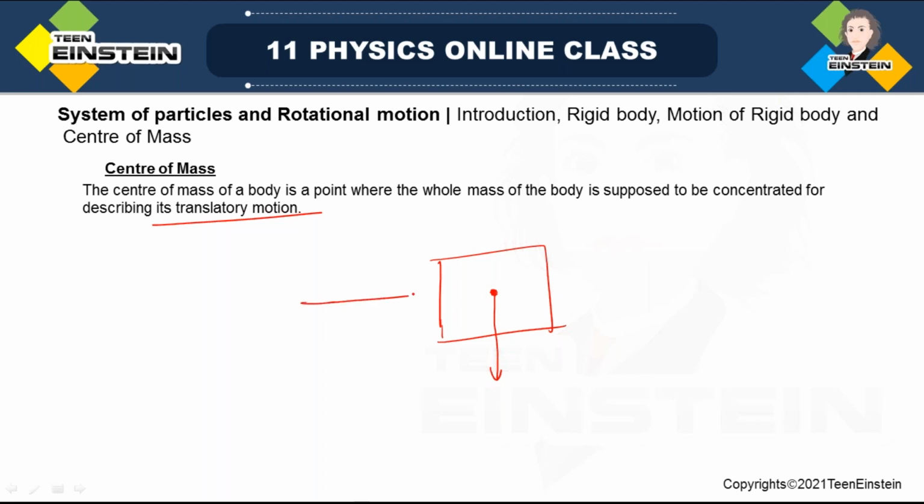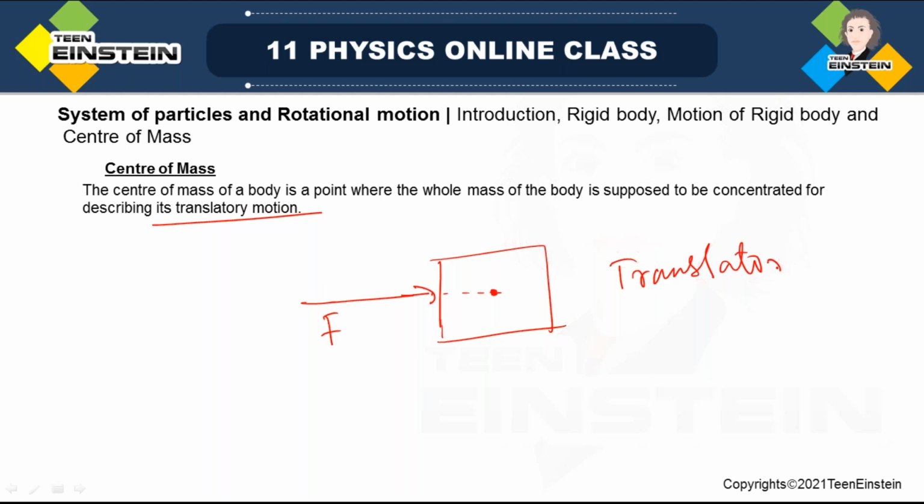And whenever this object is acted upon by any external force, this generally acts on the center of mass. When this applied force is acting on the center of mass, then it will have translatory motion.